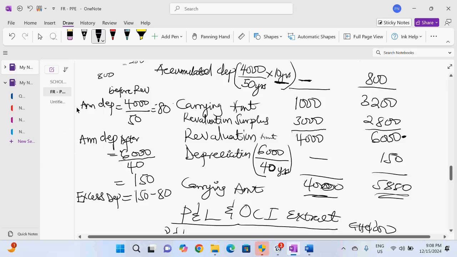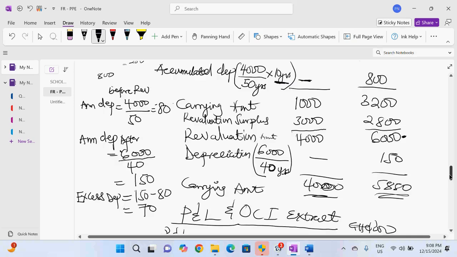When I was doing the annual depreciation, you told me that land doesn't depreciate, so I can't do the annual depreciation for that. So I'm getting an excess depreciation of 150 minus 80, which is 70.